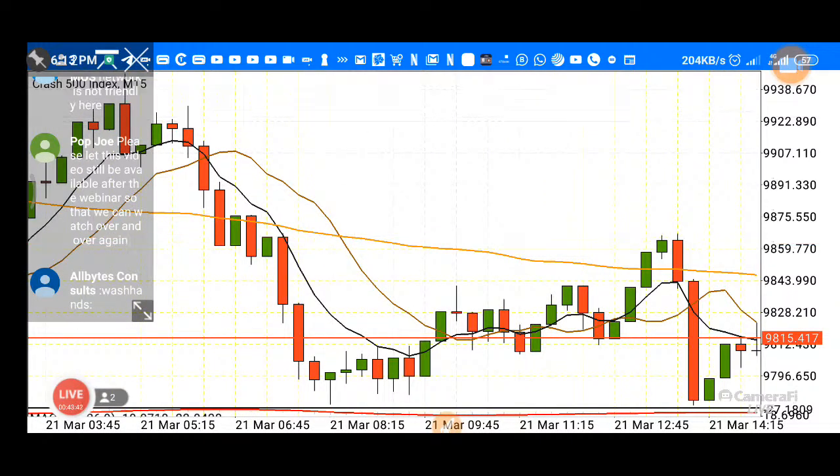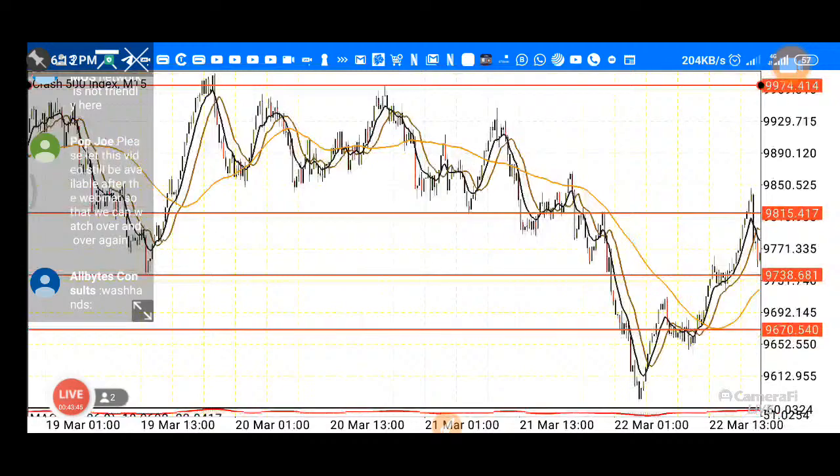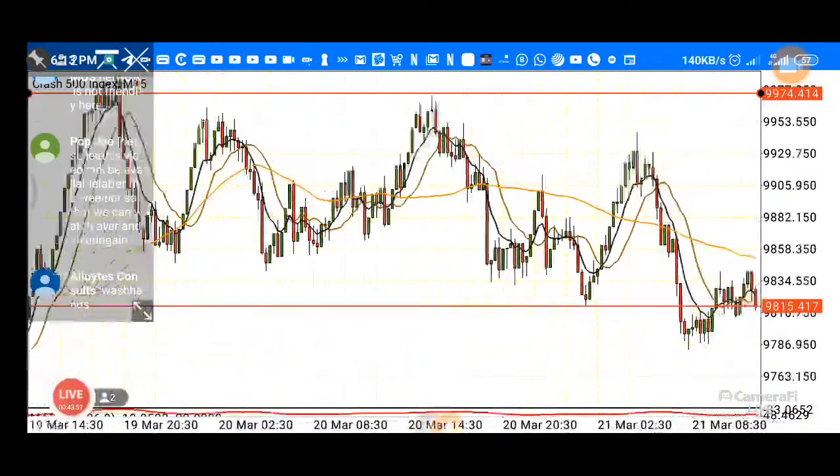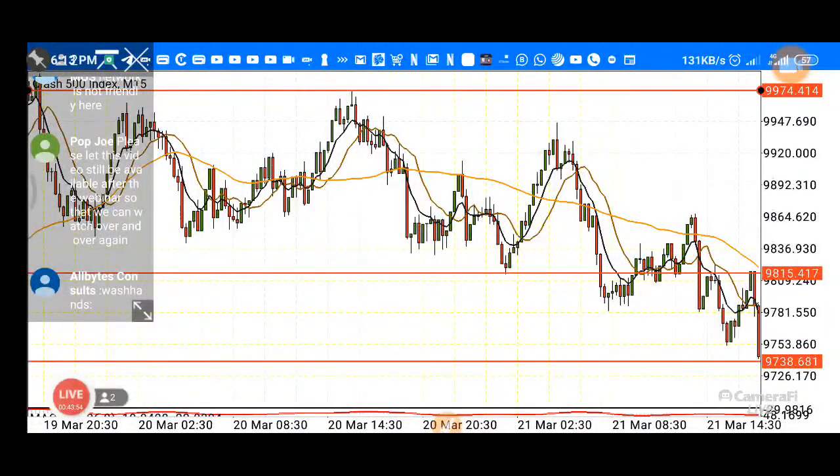So we are still working with these levels. Okay, let's continue. Now the market broke this level again, right?